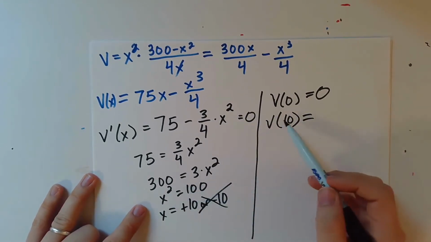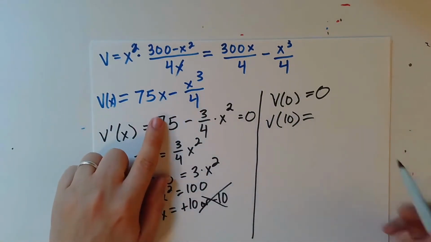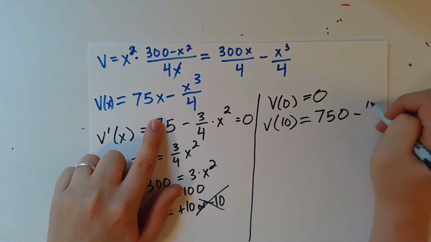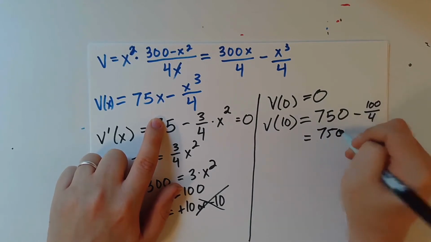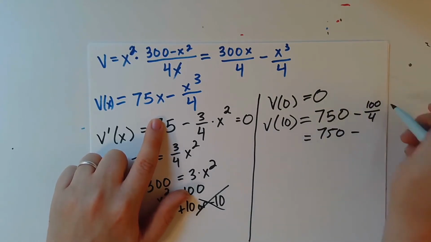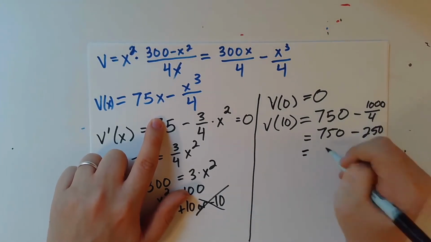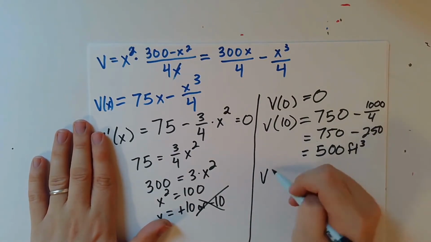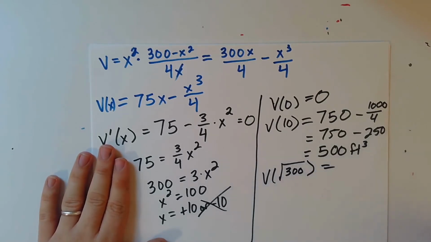And so if I look back at my formula for V, this is 750 minus 1,000 over 4, which is 750 minus 250, which is to say the volume of this box is 500 cubic feet. The biggest x could possibly be, you can convince yourself, would be the square root of 300, but that would correspond to a box also with volume 0.